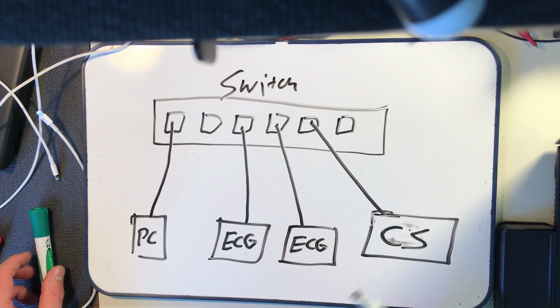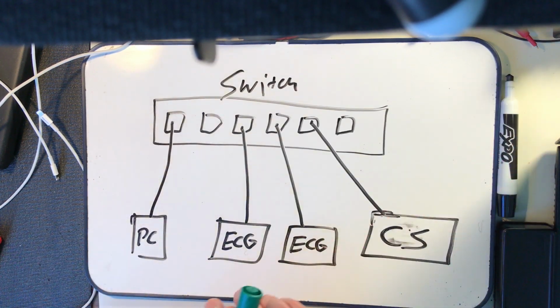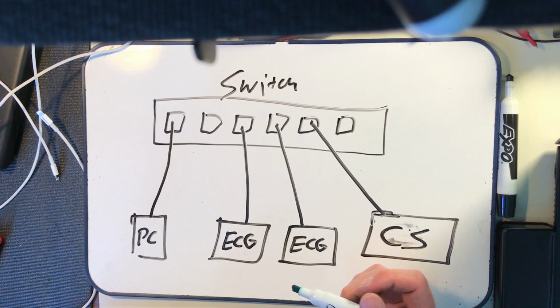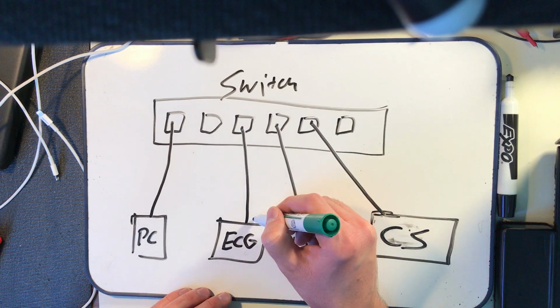So the way a switch operates normally is it will send and receive data, but it will only send that data to its intended recipient. So, for example, under normal operation, these ECGs and the central station will be passing data to each other.